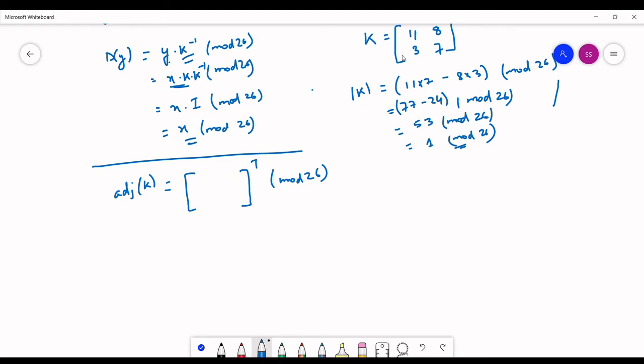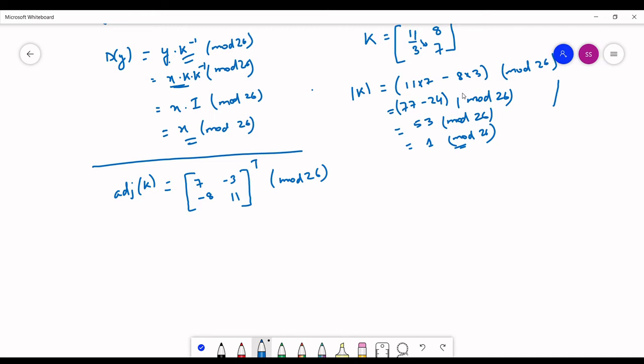For 11 the cofactor is 7, for 8 the cofactor is -3, for 3 the cofactor is -8, and for 7 the cofactor is 11. If you are taking a 2 by 2 matrix, you have to take just the opposite elements, and you have to take the signs as plus minus minus plus. In a 3 by 3 matrix the signs are different. I will give an example of 3 by 3 in the next video.